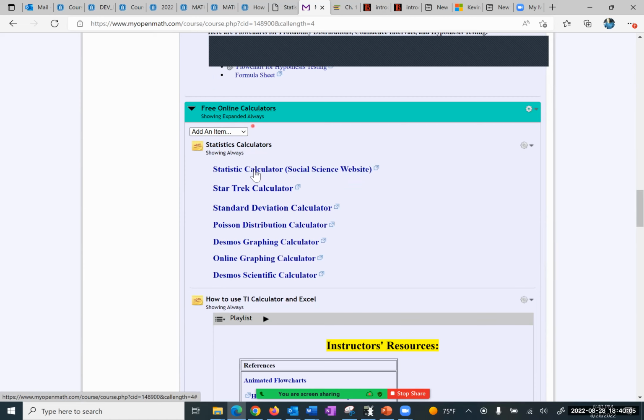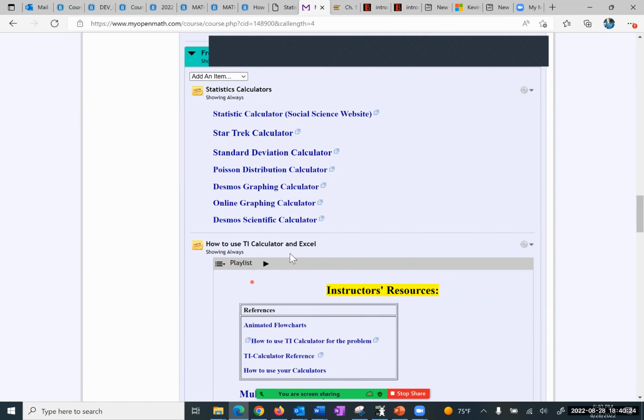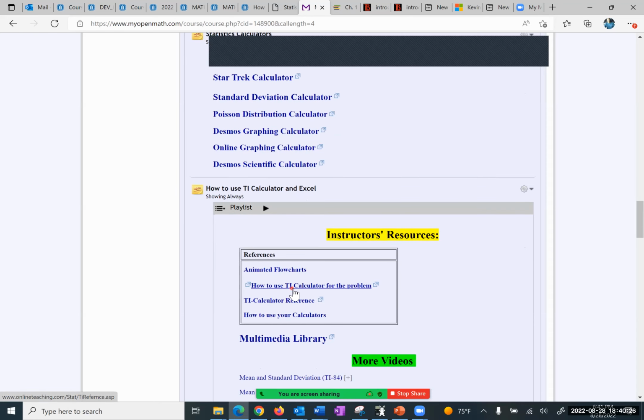A lot of free online calculators, scientific calculator, social science website, Star Trek, statistic calculator, Poisson distribution. You name it, I have several calculators here. How to use TI calculator and Excel.